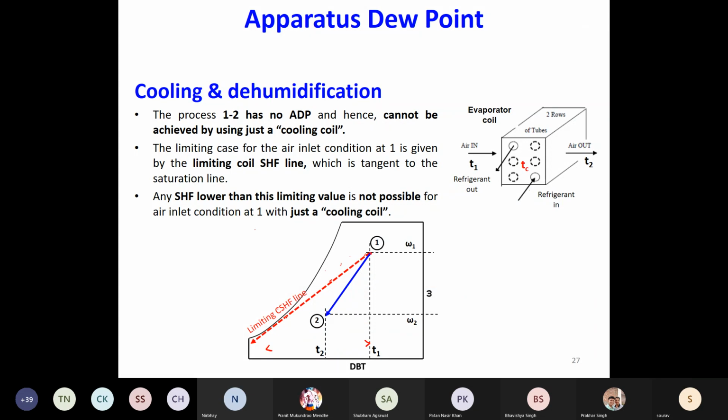Whereas you can have, I draw it again, this as the exit humidity ratio from your coil.